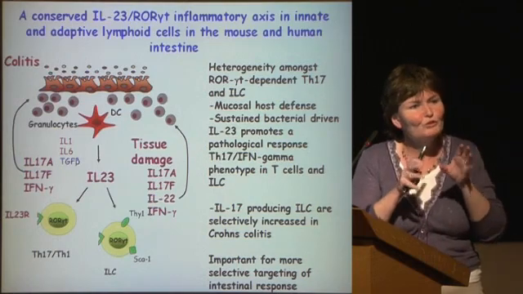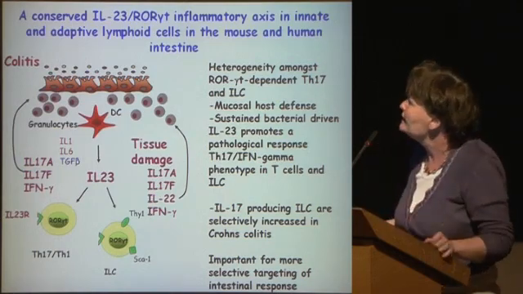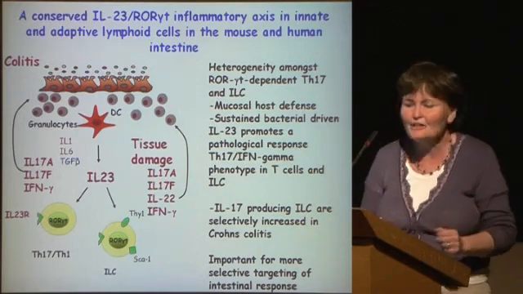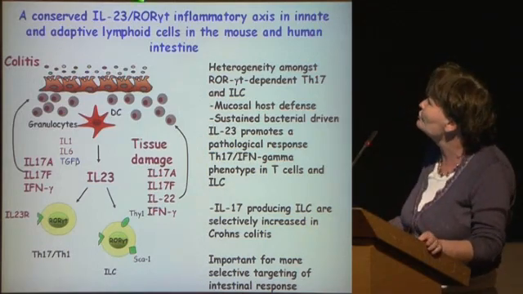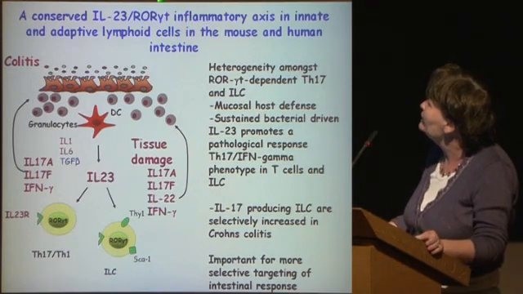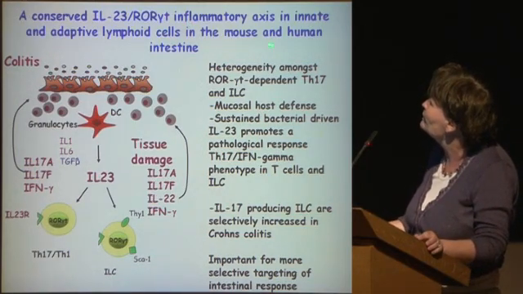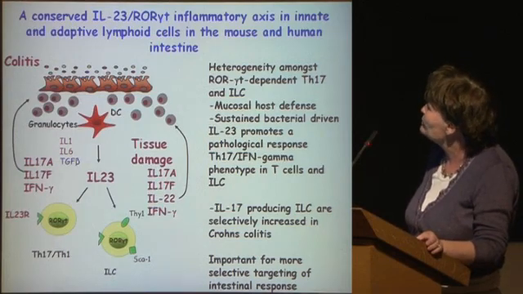What I want to draw your attention to in this slide then is really a remarkable conserved axis of IL-23 RORγt function in both innate and adaptive lymphoid cells in the mouse and the human intestine.